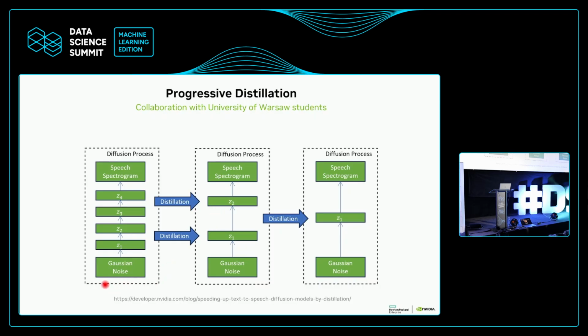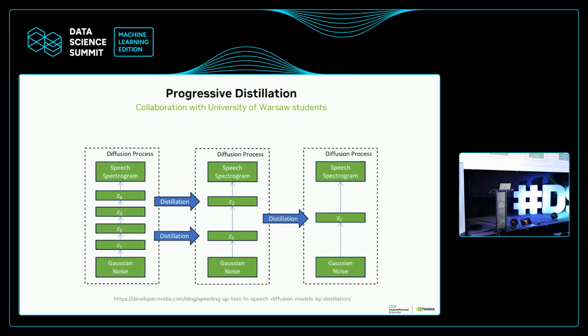So that's a model that starts from pure noise, but unlike previously, we do not generate an image, but we generate a speech spectrogram. It's still a diffusion model. It needs to perform several steps. And what we can do is to distill subsequent diffusion steps into a single one. So these 2 steps can be merged together, and we have half as many diffusion steps.